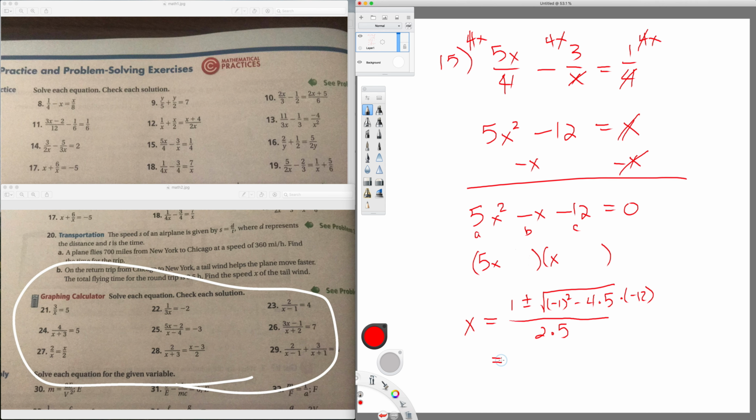That is horrible. Maybe I messed up. I don't know. Did I write it down correctly? 5x over 4 minus 3 over x equals 1 over 4. This is unpleasant. I'm getting 1 plus or minus the square root of 241 over 10.